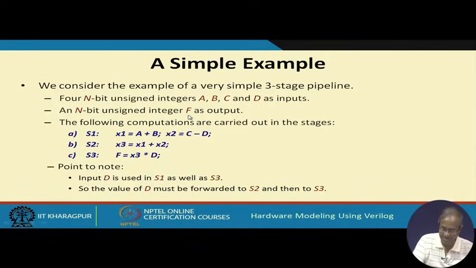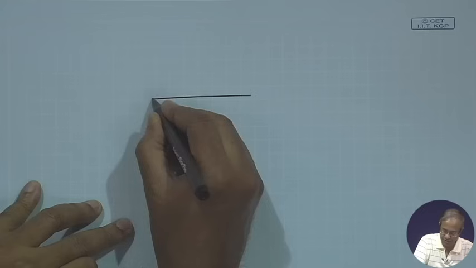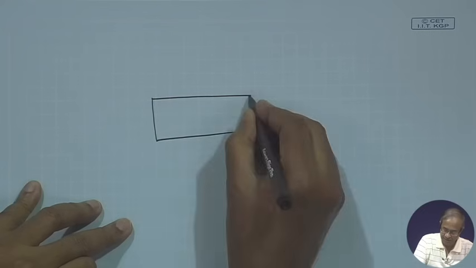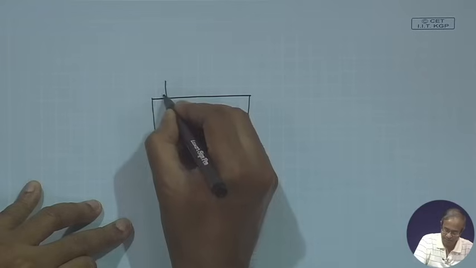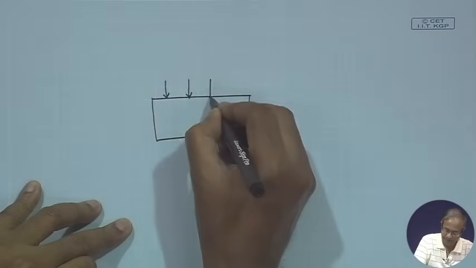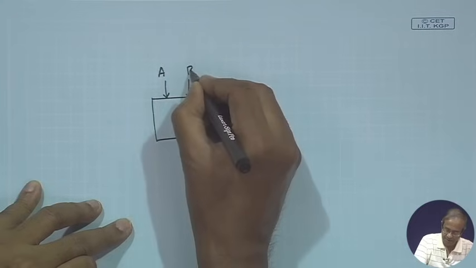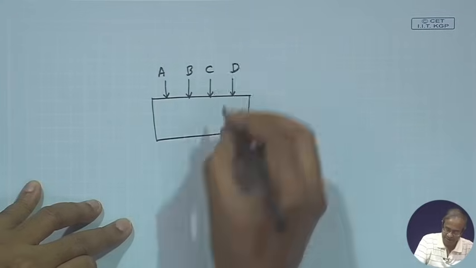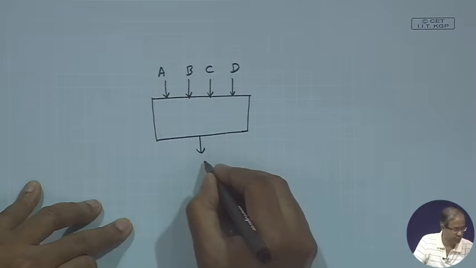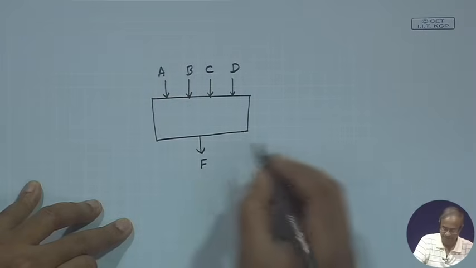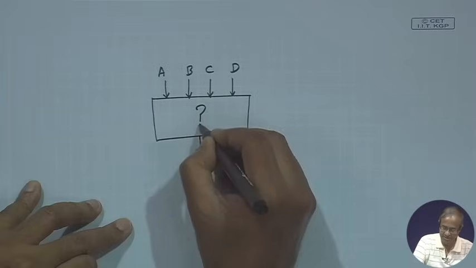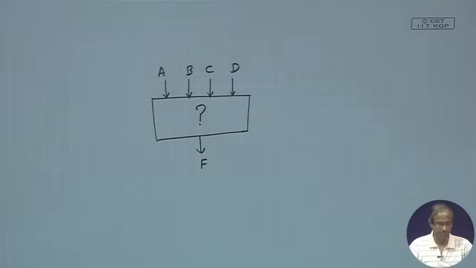So, what we are saying is that we have a piece of computation. If you treat it as a black box, there are 4 inputs a, b, c and d, and there is one output, the final output, that is f. Let us see what is there inside this computation box.